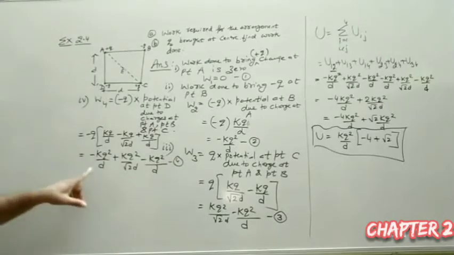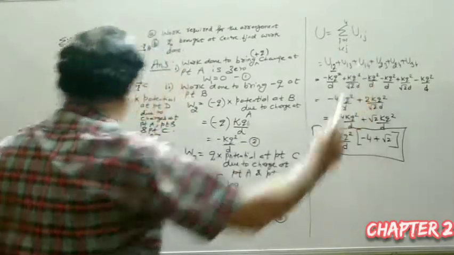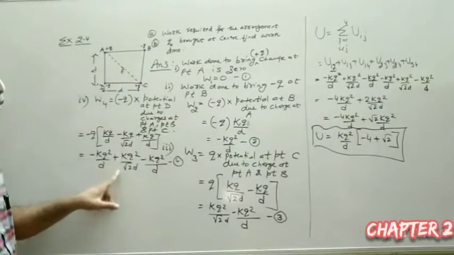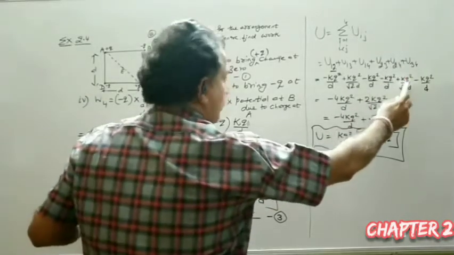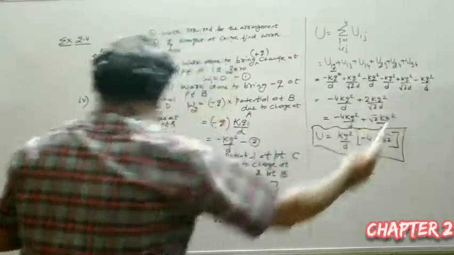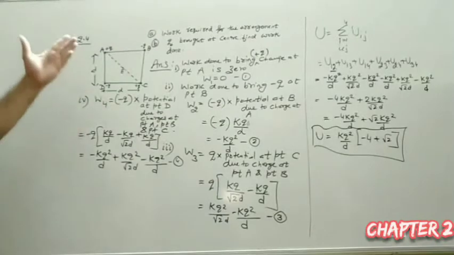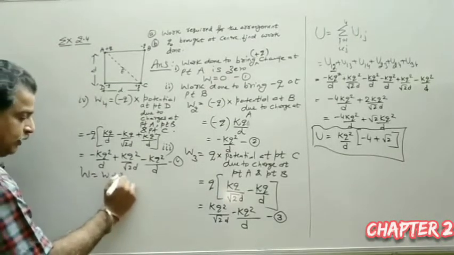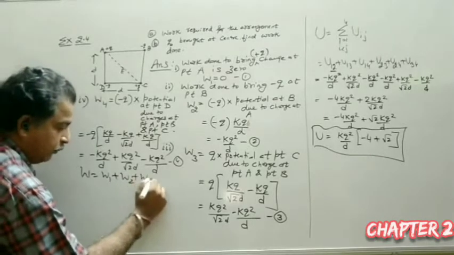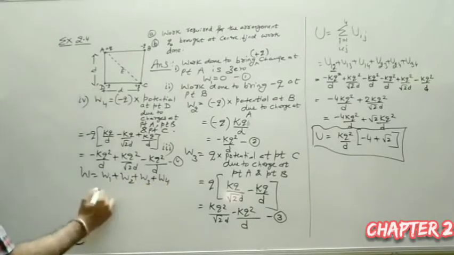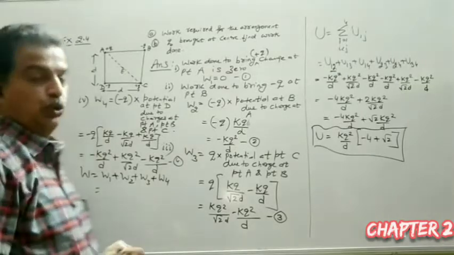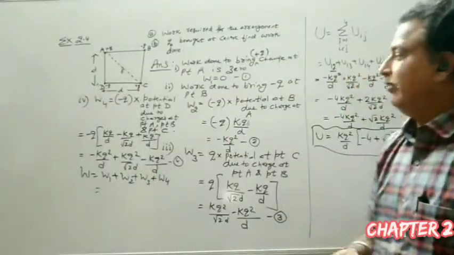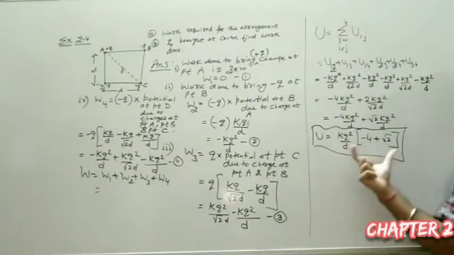So this is the 1/4 term, then the 2/4 term, and this is the 3/4 term. Now the total work done, W, will be equal to W1 plus W2 plus W3 plus W4. I substitute equations 1, 2, 3 and 4, and I will directly arrive at the result.